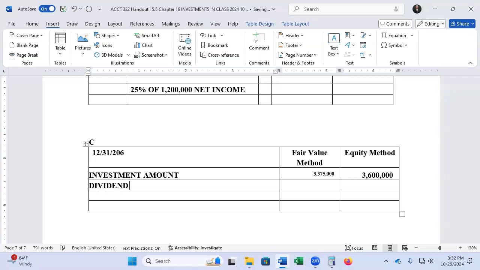And then dividend revenue. Right, and you only report that in the fair value method. So we have 150,000 times 2. And so that's 300,000. And then we have the unrealized holding loss, 225,000.